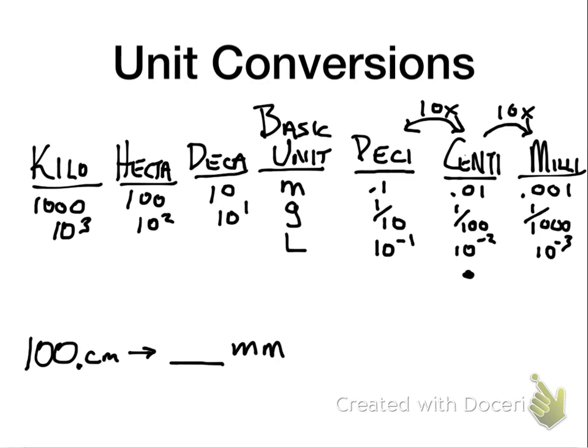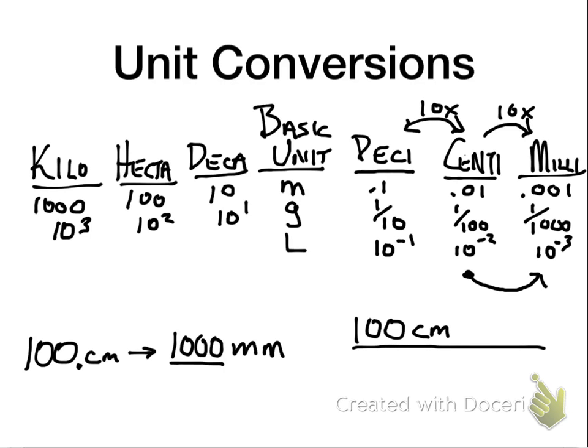You move the decimal to the right one position to account for the change from centi to milli. So you would add a zero, and that would make it 1,000. The other way that you could do that is you could set up the bridge. It'd be 100 centimeters. And we know that in 1 centimeter, we have 10 millimeters. And so you would multiply 10 and 100 and get 1,000.